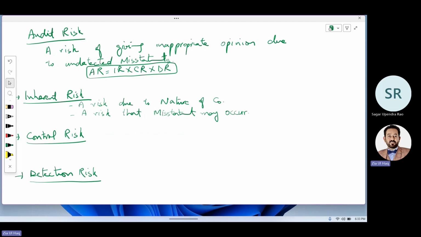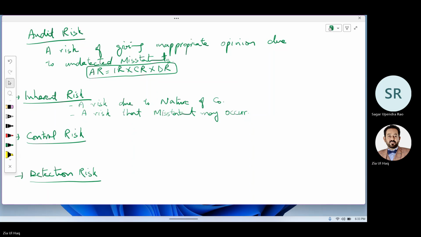So this is called inherent risk. If a company operates in fashionable products or technological products, even technological products become obsolete quickly. So there is always a chance of overstatement of inventory if the company does not record inventory at the lower of cost and NRV.